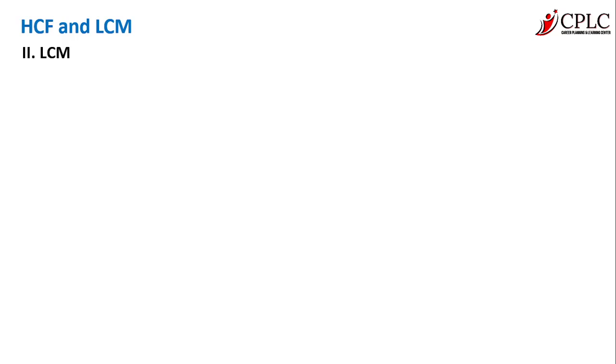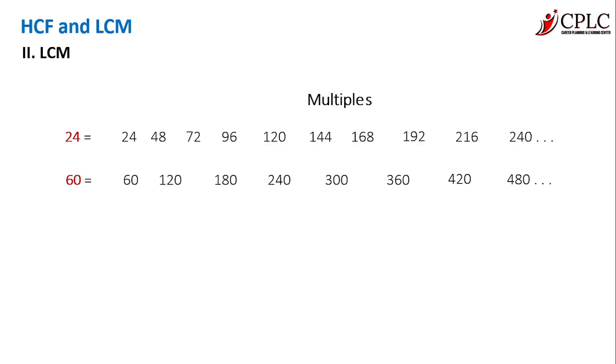Let's take the example, the same numbers 24 and 60. Let's first find out the multiples. These are a few multiples of them. They will be infinite because you keep adding 24 or you keep adding 60, and you keep getting the next multiple. Now we have to choose the common ones. The common ones are the ones highlighted in blue. But again, the requirement is it should be the smallest one.